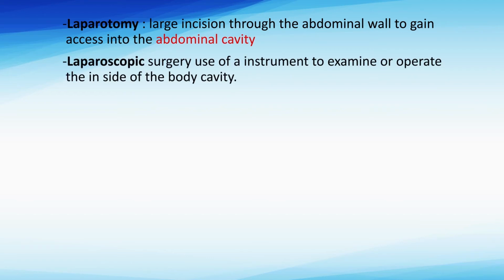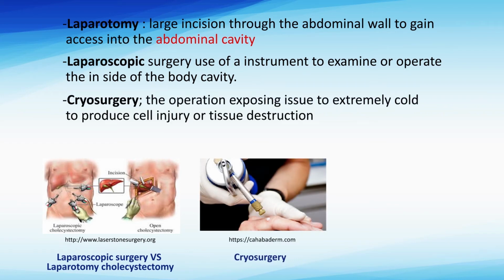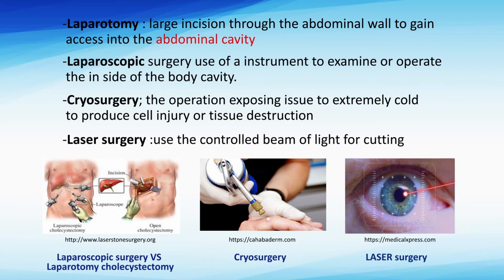Laparoscopy is surgery using instruments to examine or operate inside the body cavity, without widely opening the body like laparotomy. Cryosurgery is an operation exposing tissue to extreme cold to produce cell injury or tissue destruction. And laser surgery.